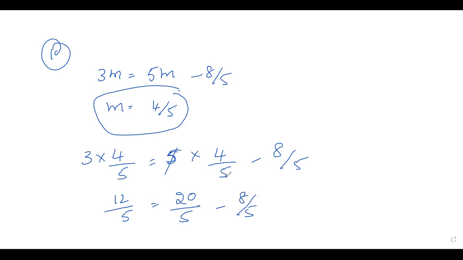So why did I keep it as it is? Here you are going to subtract, so if you cancel here, again you have to take the LCM and solve. So that's why I have written it as it is. I did not cancel. 12 by 5. Now the denominators are the same. Subtract: 12 by 5, 12 by 5, LHS is equal to RHS.